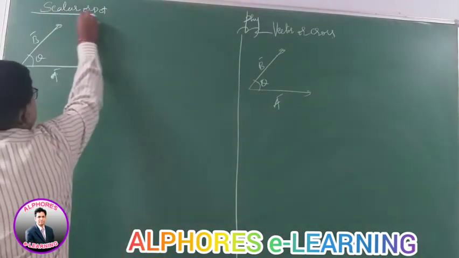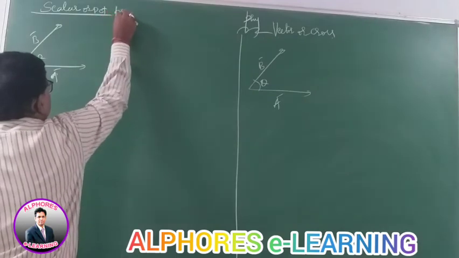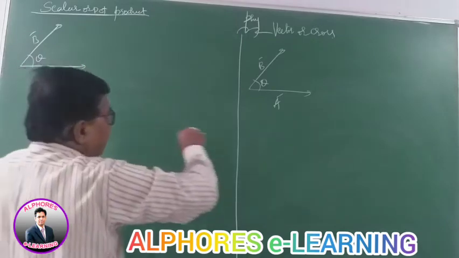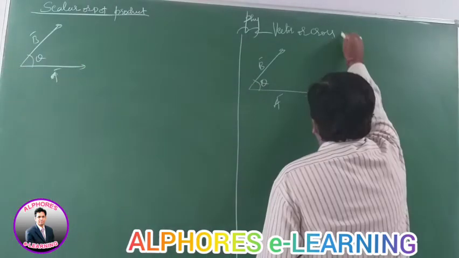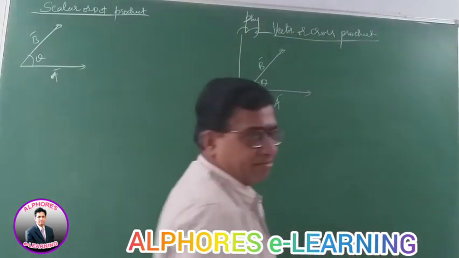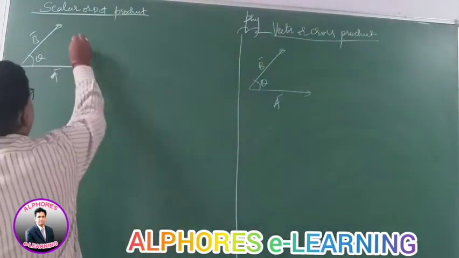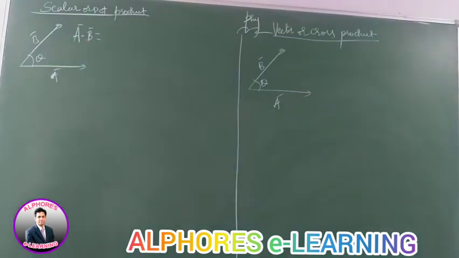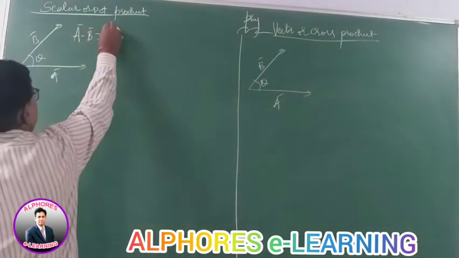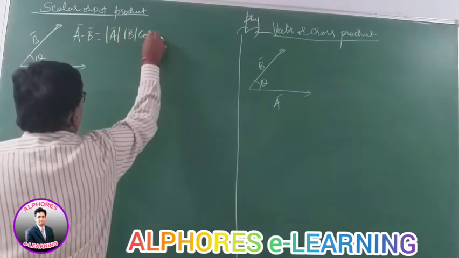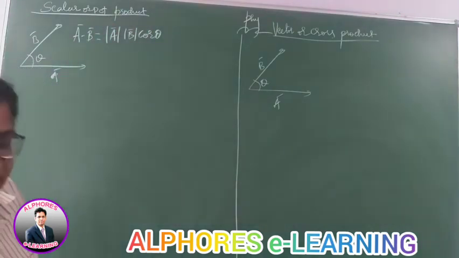Then we will take up the product of two vectors. Scalar or dot product of vectors here, vector or cross product of two vectors here. Now first, a bar dot b bar is the product of the magnitudes of the vectors and cosine of the angle between the vectors.